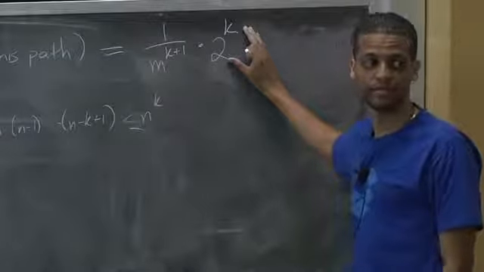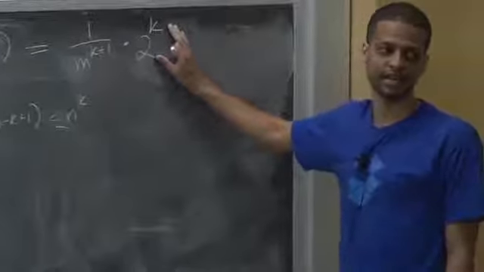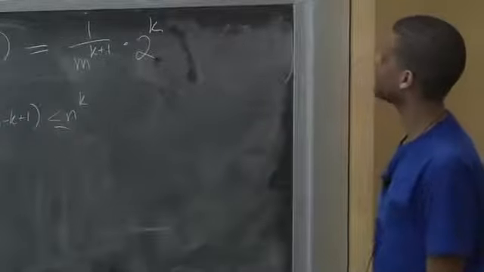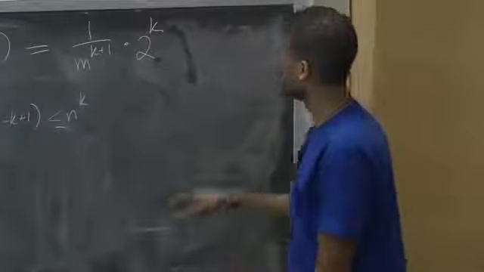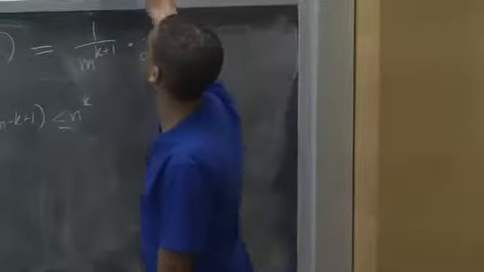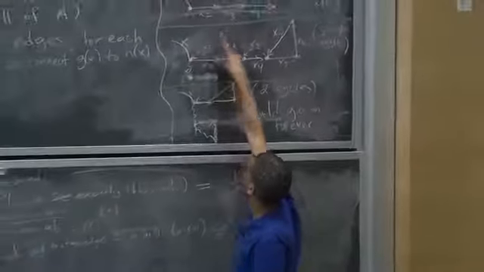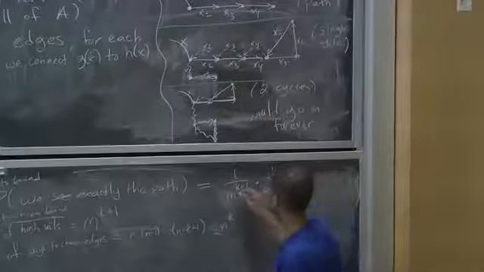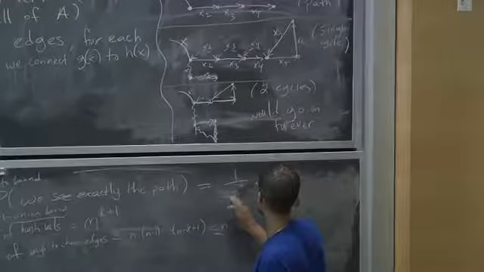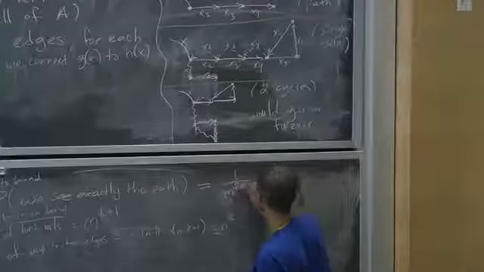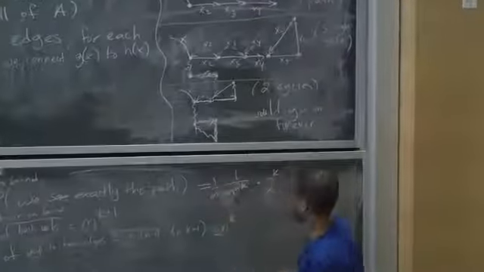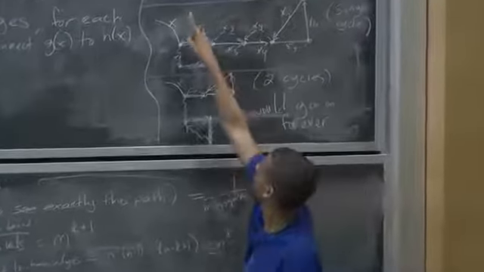Yeah, exactly. So what's the probability that g of x2 is that and h of x2 is that? Well, it's 1 over m to the, actually that should be 1 over m to the 2k. And then there's a 1 over m for x. So what's the probability that g of x is that vertex?